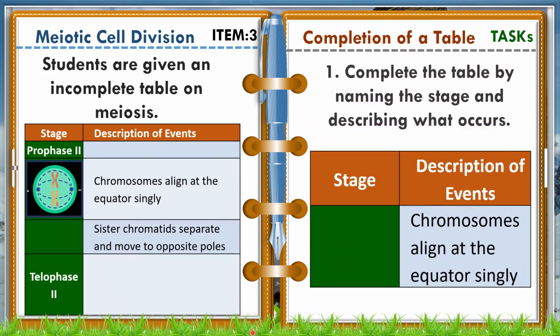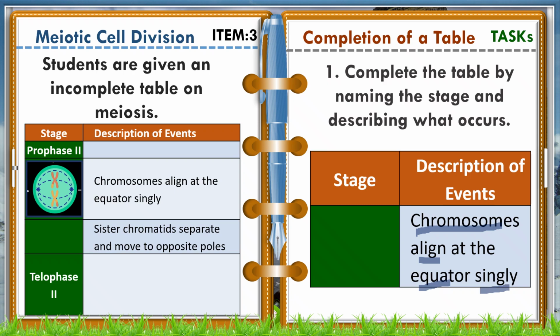Then we go to another stage. Remember, they gave us this space here. We don't know the stage, but they are saying that in this stage, the chromosomes align at the equator singly.